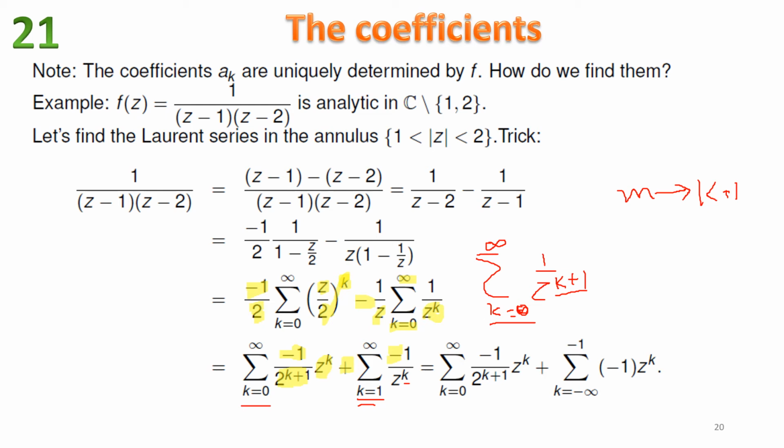So here we have k rolling from 0 to infinity of minus 1 z to the k upon 2 to the power k plus 1, plus k rolling from minus infinity to minus 1 of minus 1 into z to the k. So here the z to the k we have brought into the numerator by adjusting the limits.